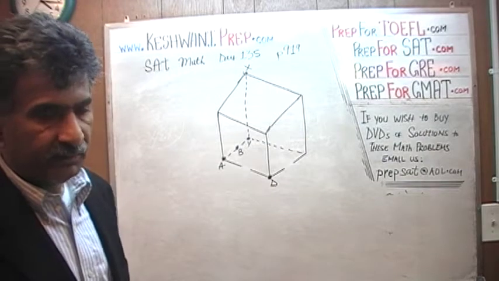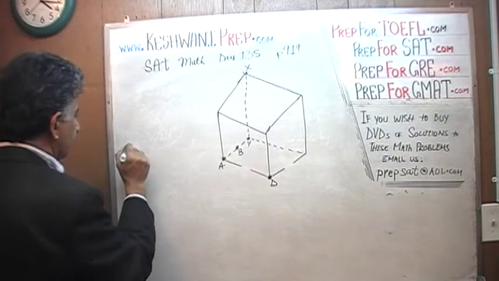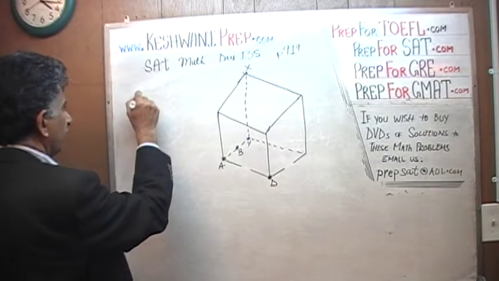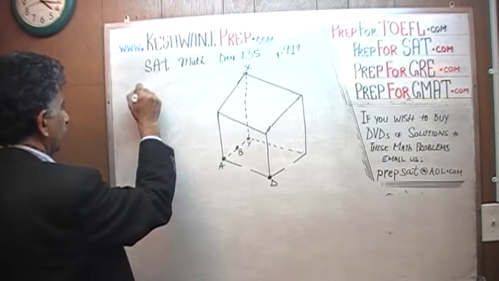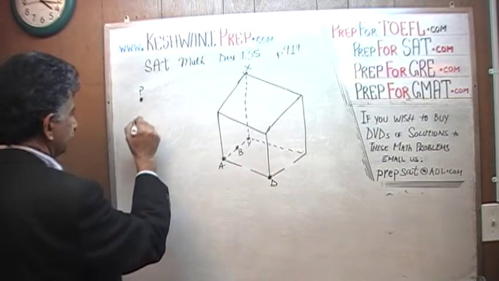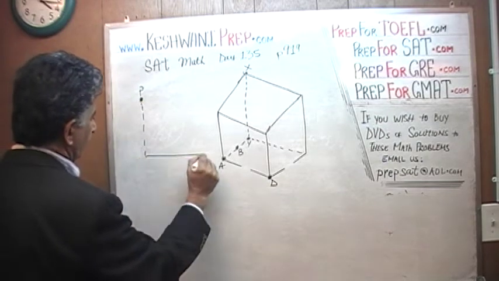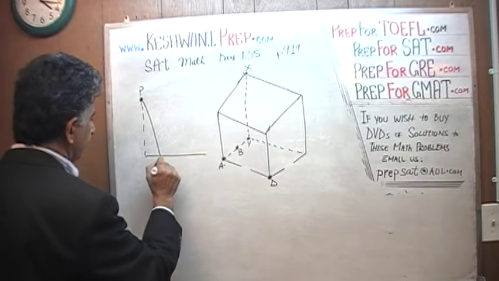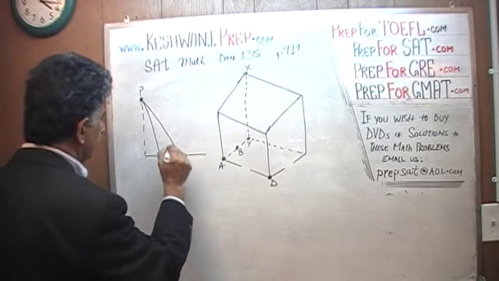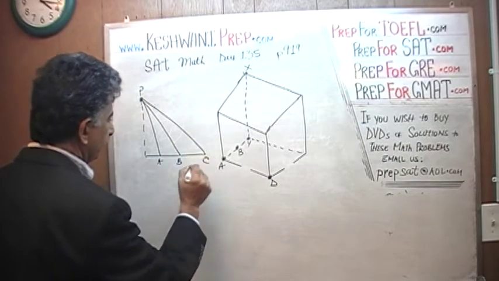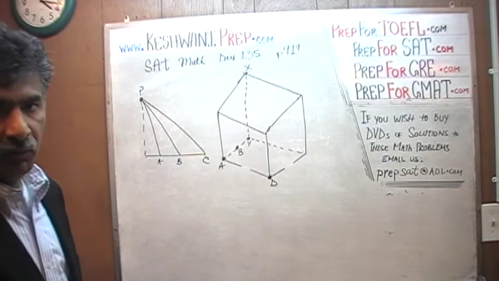Having understood this, now look at this part here. Here's my point, let's call it point P. Here's point A, point B, point C. Which one of them makes the smallest angle?